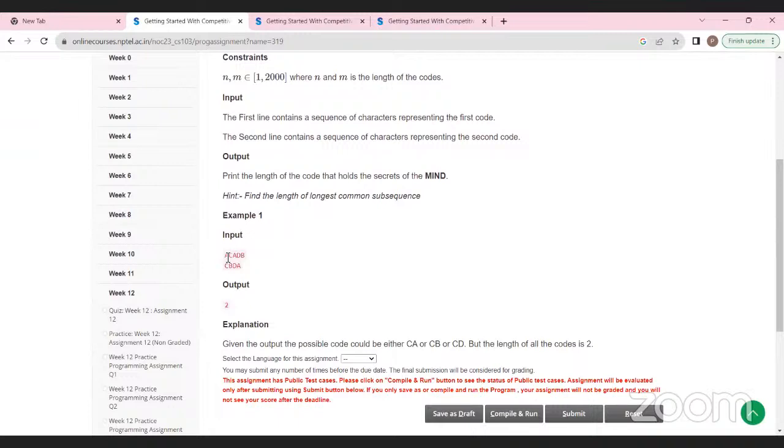The first sequence is ACADB. The second sequence is CBDA. The possible codes are CA, CD, and CB.